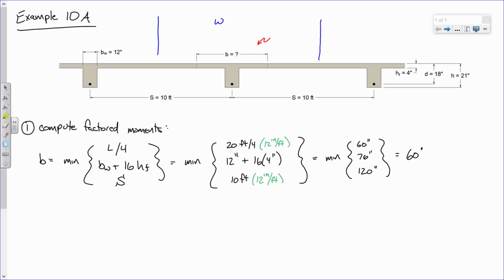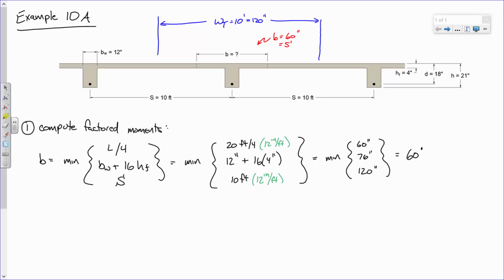So the tributary width is 10 feet, or 120 inches, right? But what we have found is that b is 60 inches, or 5 feet.